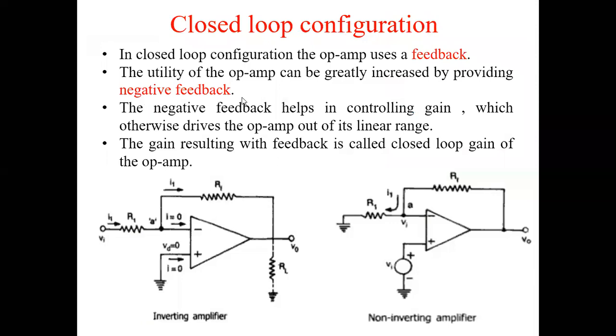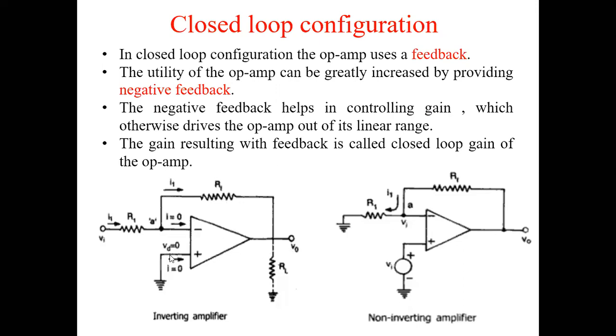By using negative feedback, the op amp linearity will increase greatly. We can control the gain, which would otherwise drive the op amp out of its linear range. And the gain that is obtained by using a closed loop is the closed loop gain. The gain resulting with the feedback is the closed loop gain.